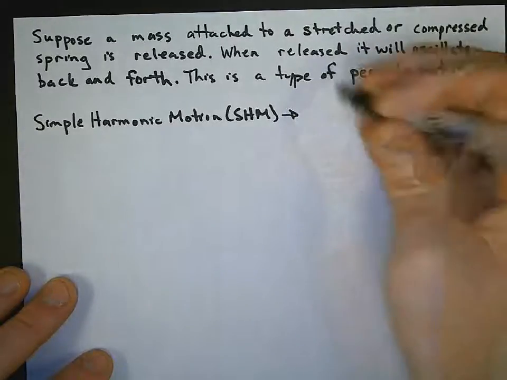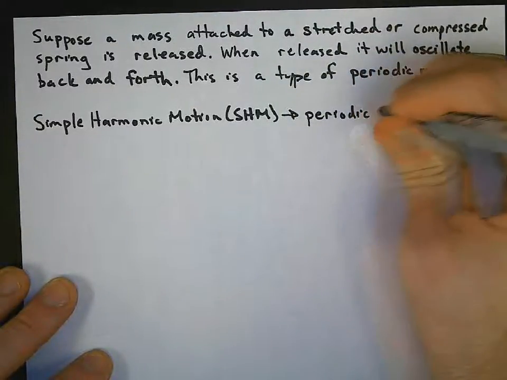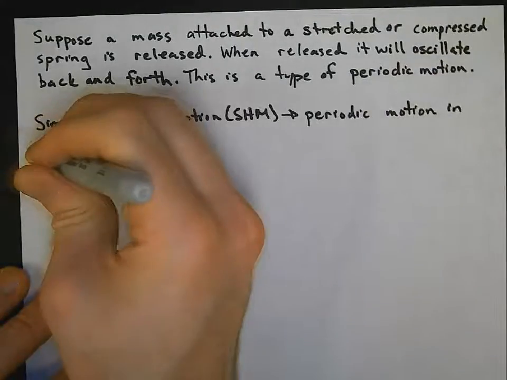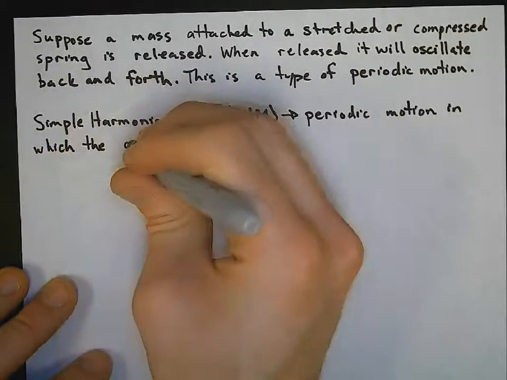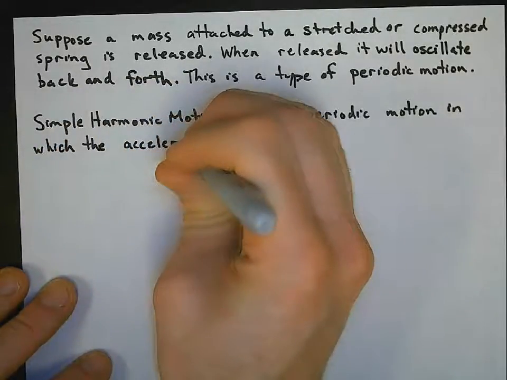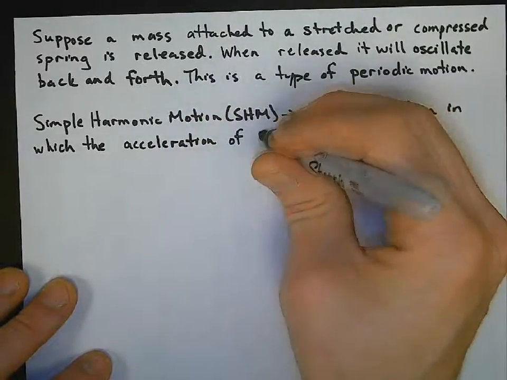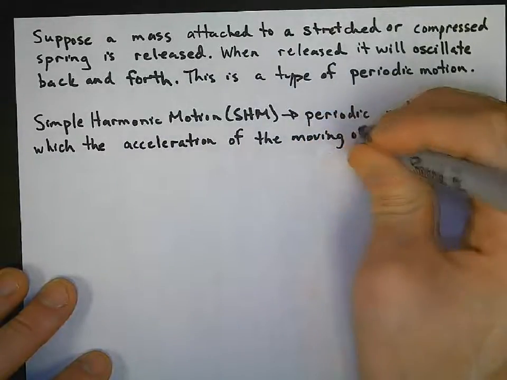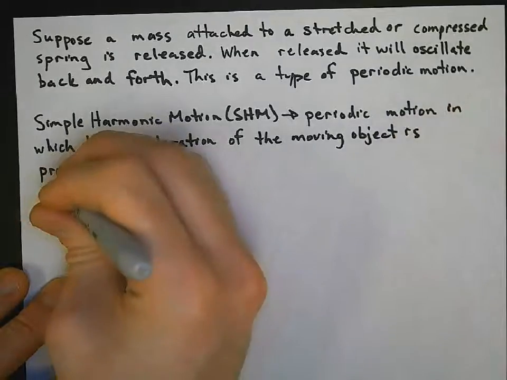Simple harmonic motion is merely a periodic motion in which the acceleration of the moving object is proportional to its displacement.